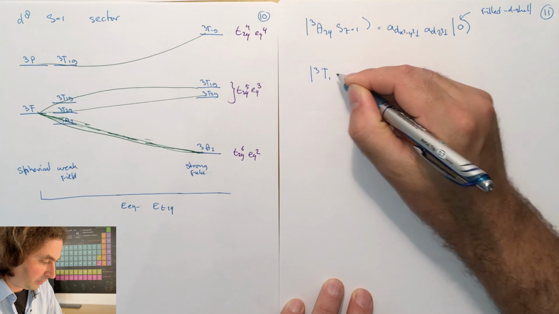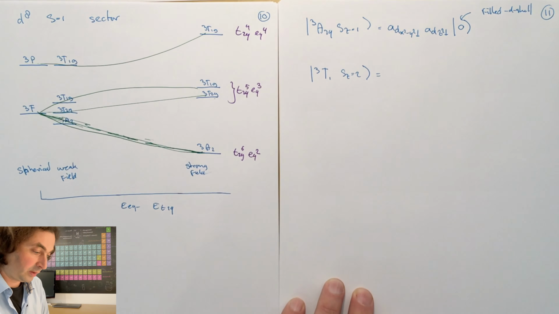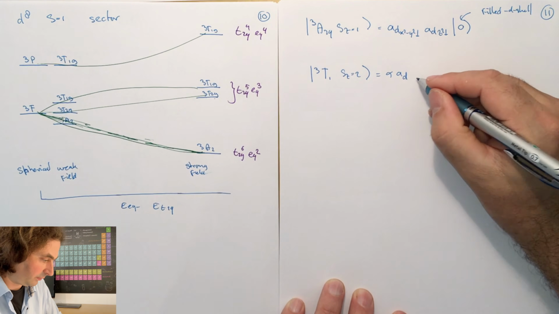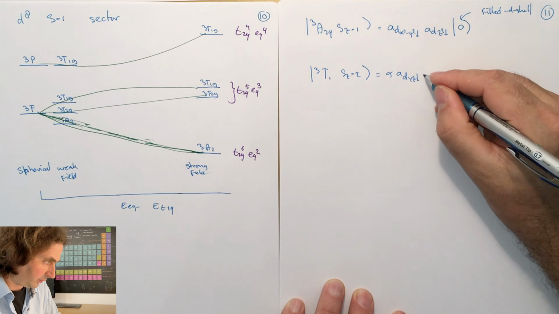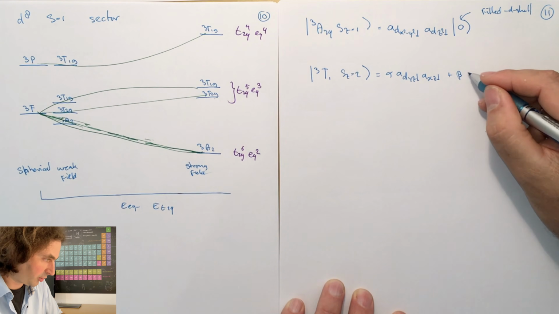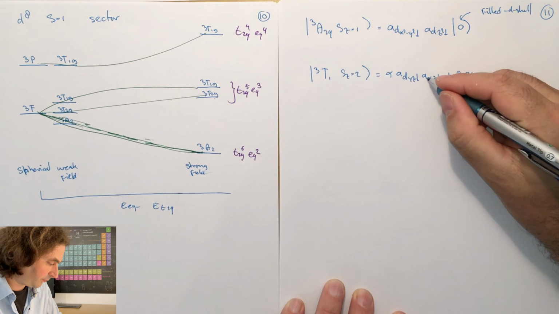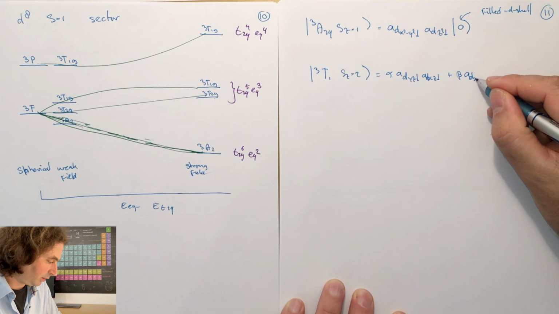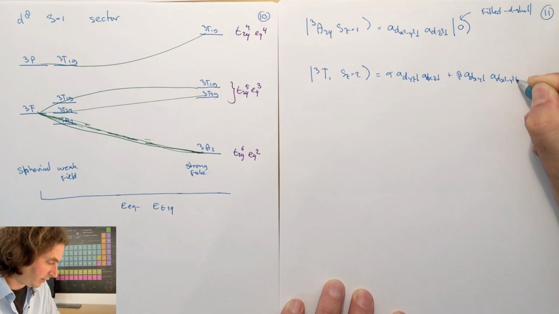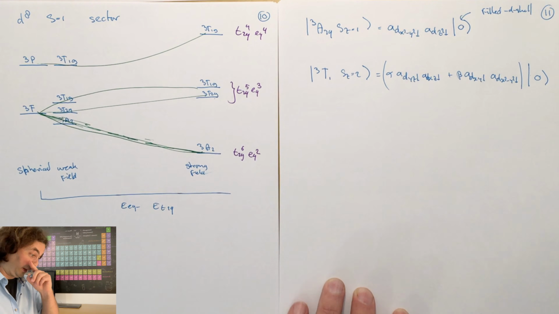Now our triplet T1 with S_z is 2 is given by a linear combination of a state where I have a YZ with spin down and an XZ with spin down, plus an annihilation of the XY with spin down and the x squared minus y squared with spin down generated out of the vacuum.